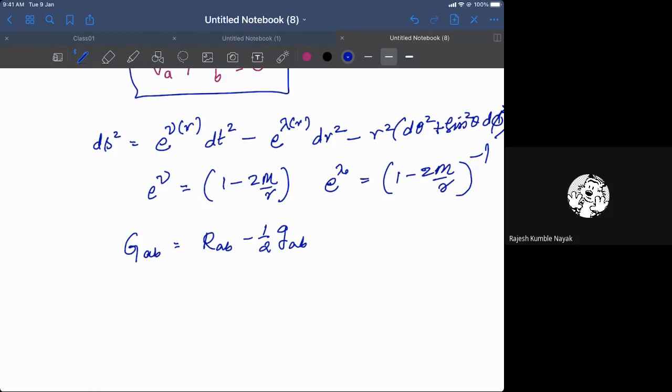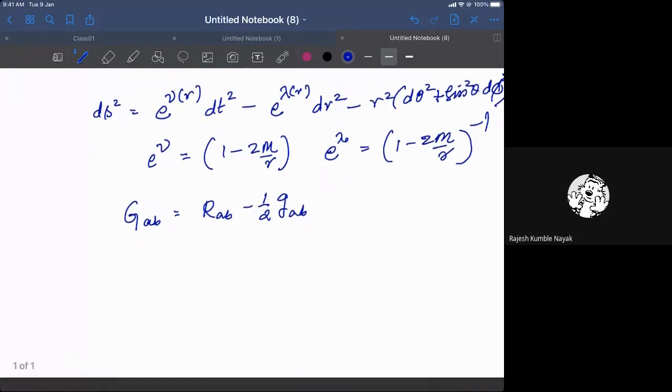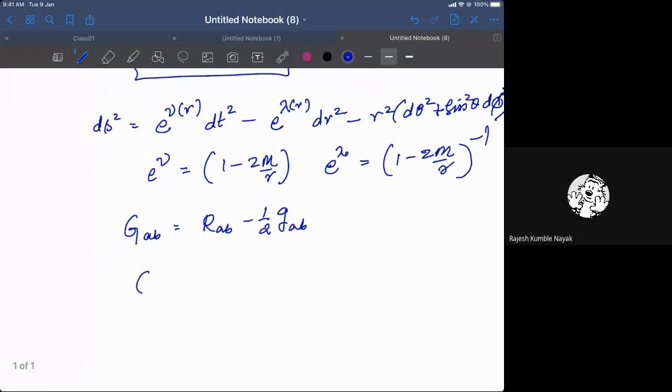It looks like calculations get slightly simpler if you do G_AB is equal to R_AB minus half delta_AB into R. It's just coming from experience, nothing else.